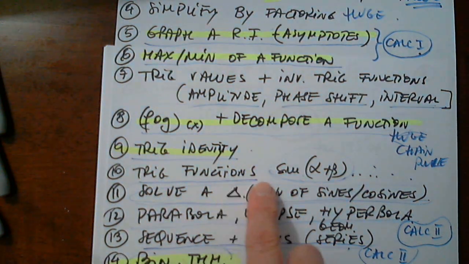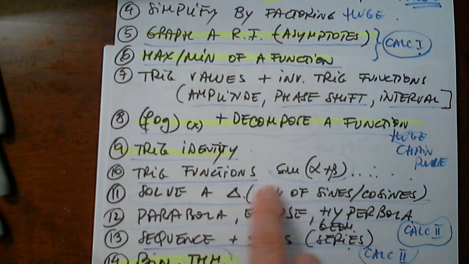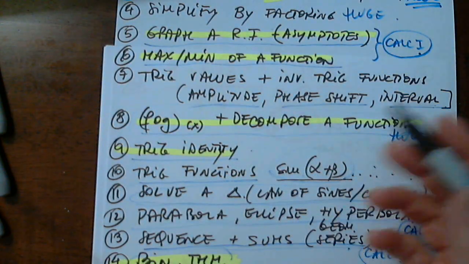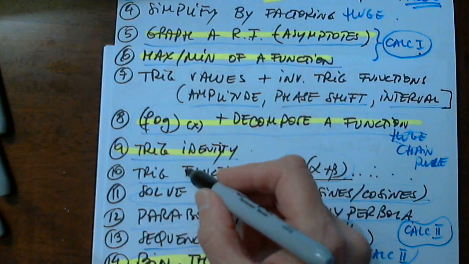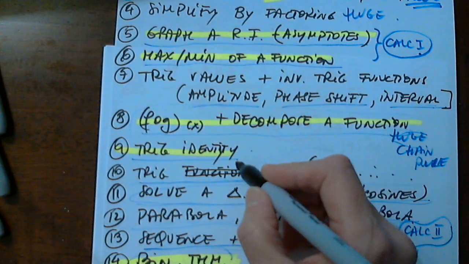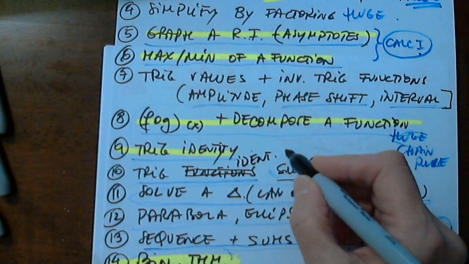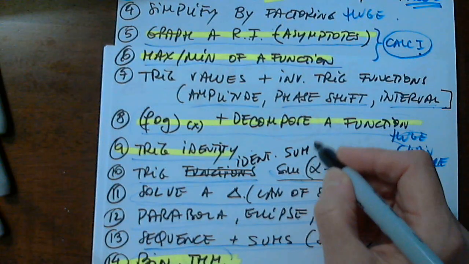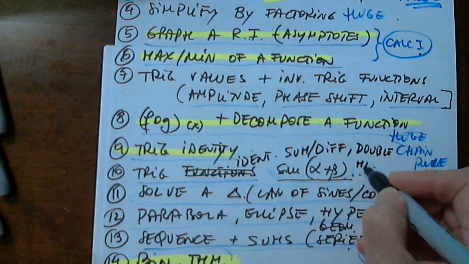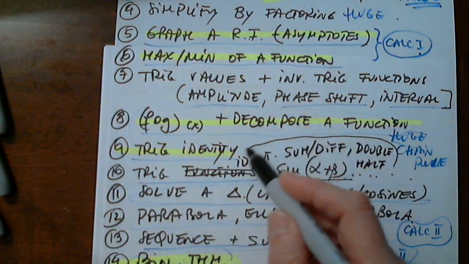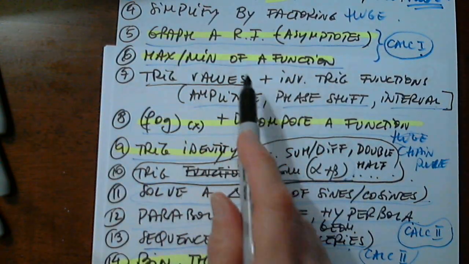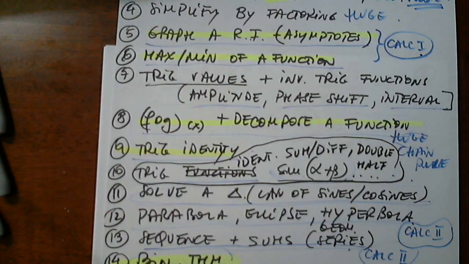The trig functions, maybe I should have said here identities more, because I put sine alpha plus beta, cosine alpha plus tangent, and so on and so forth. So maybe it's better to say trig identities. Trig identities, double angle, half angle, sum, difference, double, and half. So this is what I really meant here. So the trig values better in number 7.